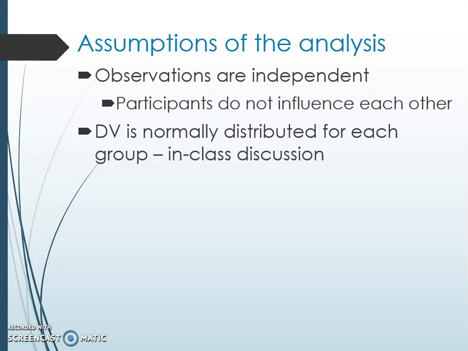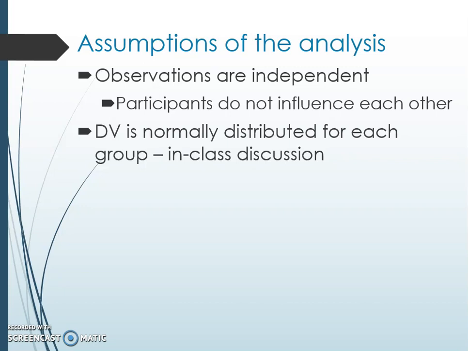So there's several assumptions to the analysis, and the first one is that those observations are independent. So each of the people or the participants in each group, they are not connected to each other in any way, and they don't really influence each other, so they don't cross over between the two groups that you're looking at, the means for those two groups.